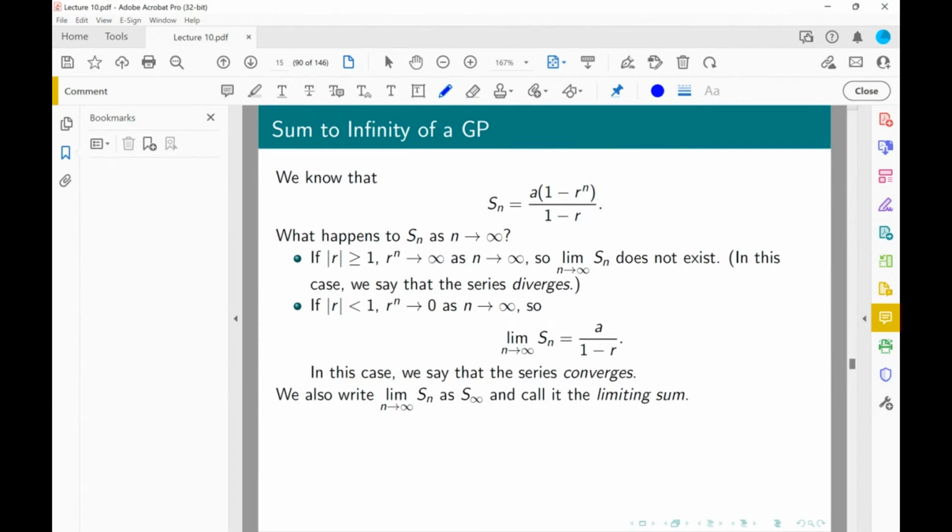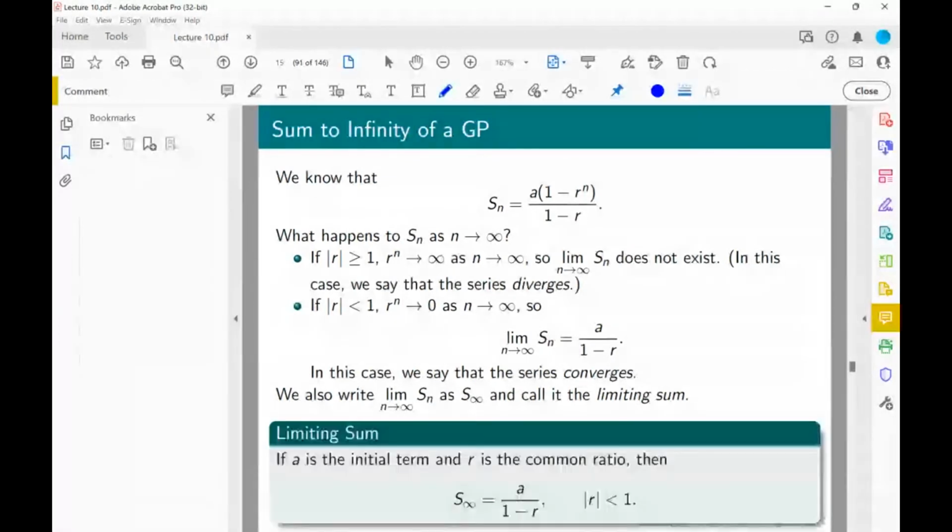This has the notation S infinity. It's not really substituting n as infinity, it's just notation for the limiting sum. If a is the initial term and r is the common ratio, it's important that we only apply it for series such as 1 minus a half plus a quarter, etc. Then we can talk about the limiting sum, which is a on 1 minus r.